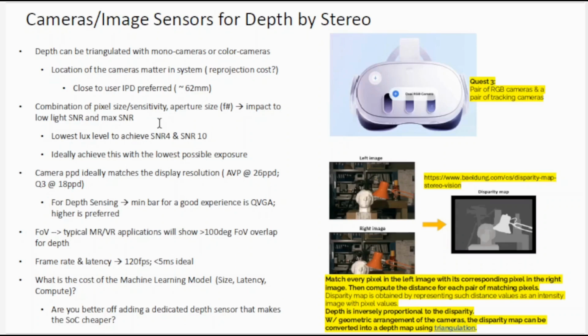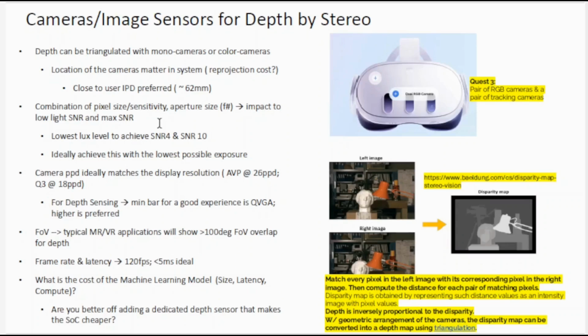What are the things you look for? In general, when you're looking at depth sensing, you're probably trying to target a minimum resolution of QVGA. That's a minimum resolution where you start seeing a difference. With that in mind, you have to think about your binning strategy, the pixel size, the sensitivity, etc.